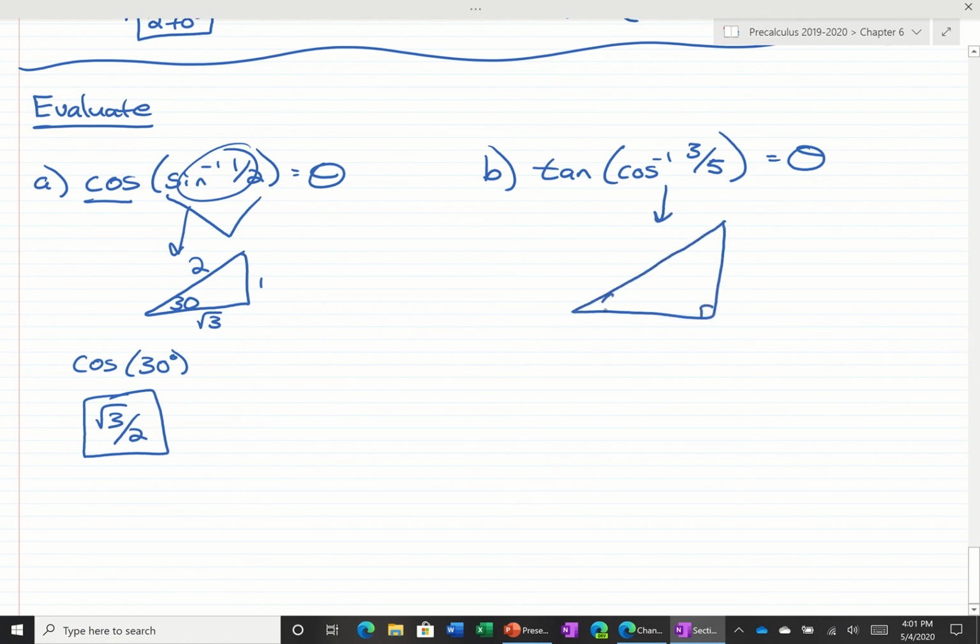And whatever angle this is, the cosine is 3/5, adjacent over hypotenuse. So what's the tangent of that angle? Well, this inverse cosine of 3/5 gives us this angle right there. I created that triangle based on that angle of cosine of 3/5. What's the tangent of that triangle? Well, if we use Pythagorean theorem, we know that that side is 4. The tangent of that angle would be 4/3.